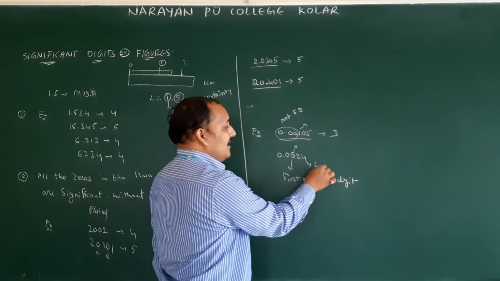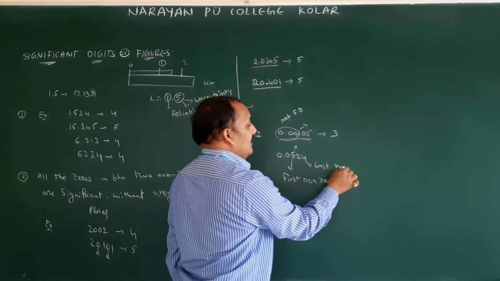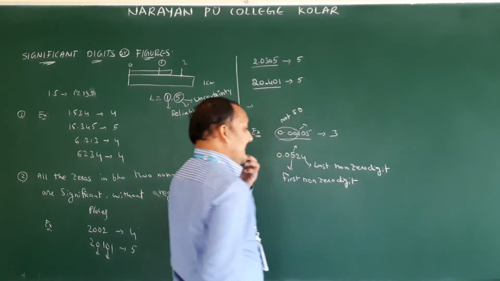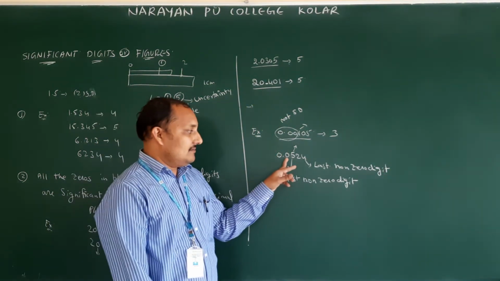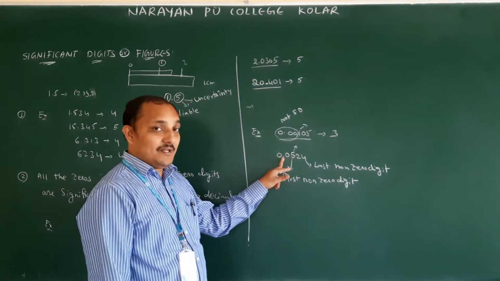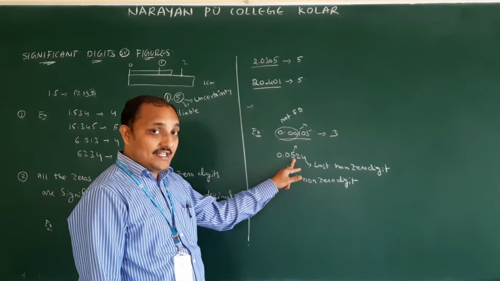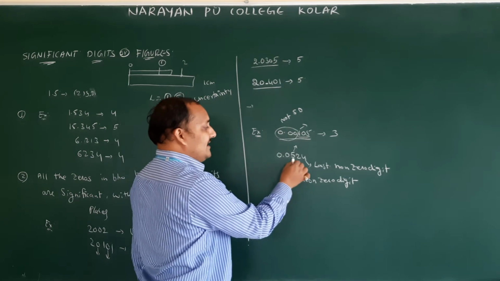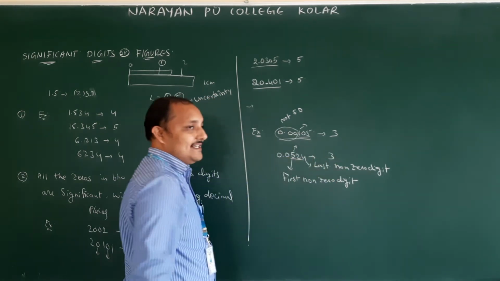This 4 is the last non-zero digit. Okay. So therefore, zeros after the decimal place before the first non-zero digit are not significant. Therefore, in this also 3 significant digits.